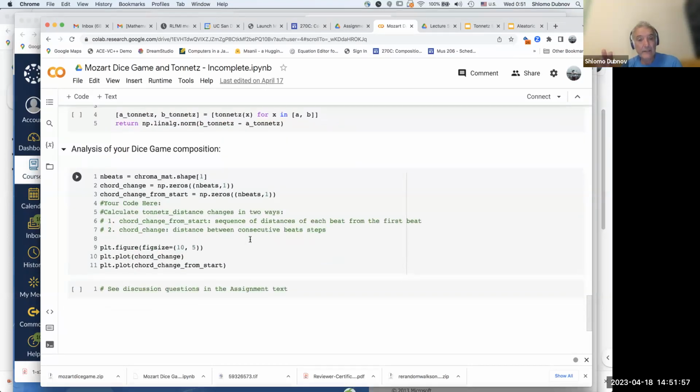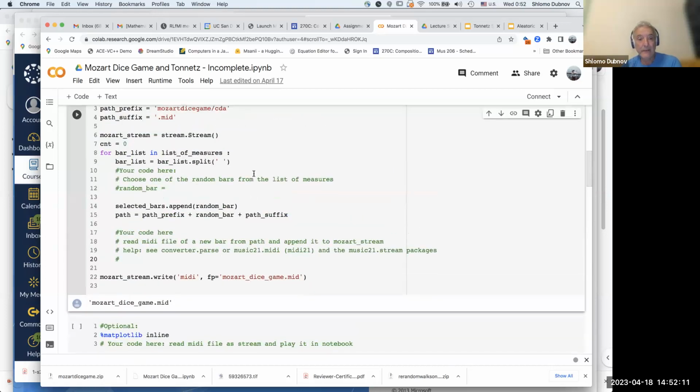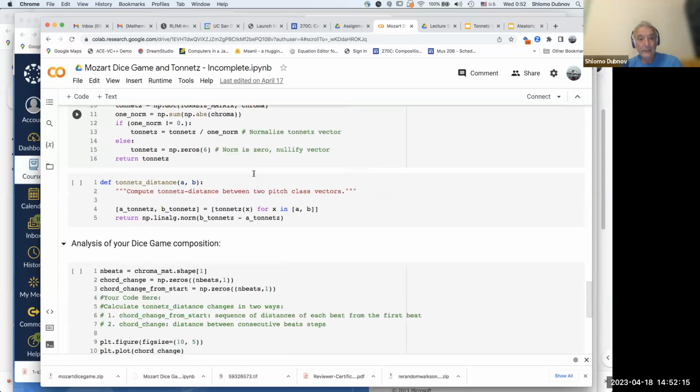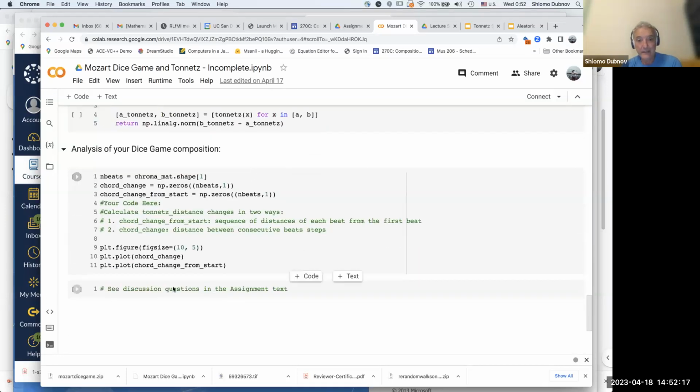And what we want to do is really use the Tonnetz distance and analyze your dice game composition. So of course, every time you run the first part of the code, if you've finished the whole notebook, you'll get slightly different analysis here. And what we want to do is basically calculate 2 things.